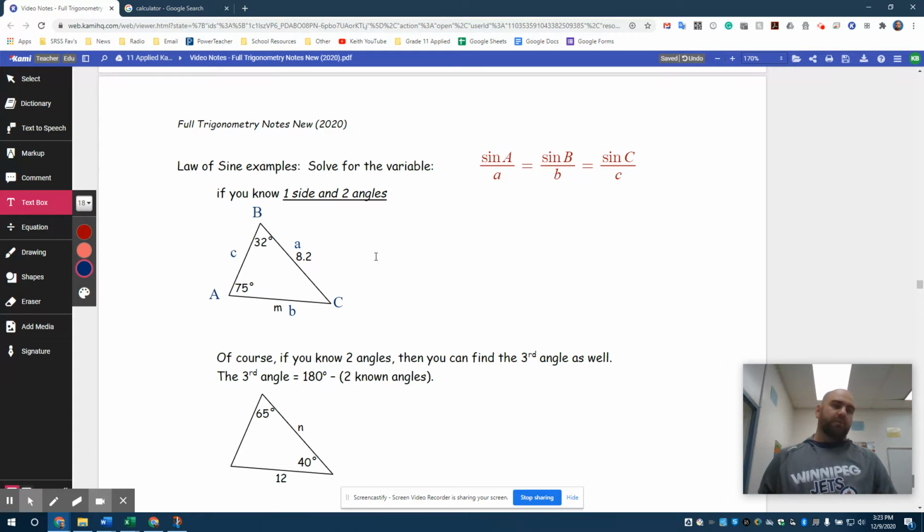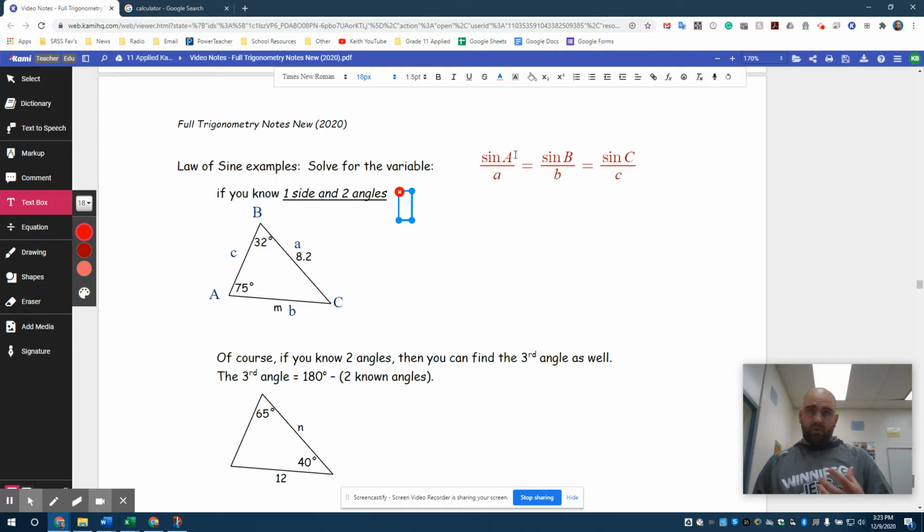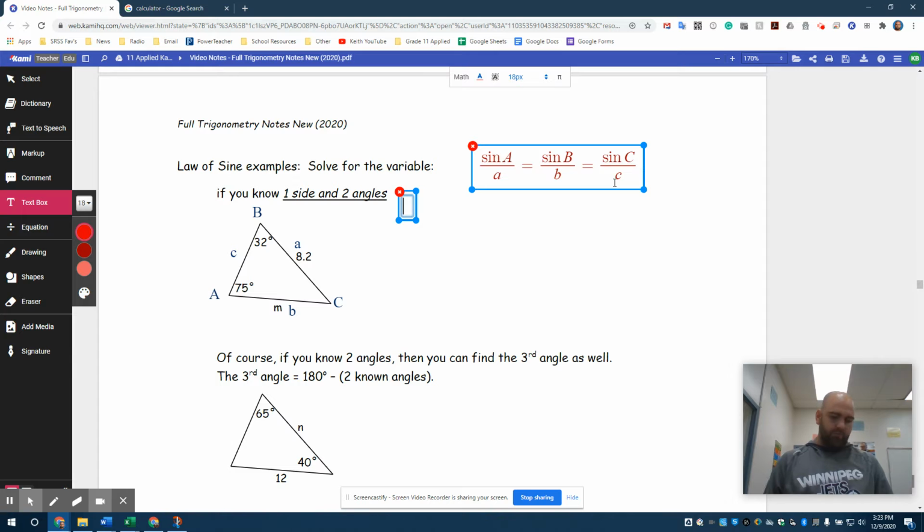The first thing we're going to do now is set up our ratios. We have little a, big A, we have big B, we need to find little b, and we don't have C, so we don't really need it, but I'm going to write it out here. I'm going to write sine law with everything that I know. So I have sine of 75 degrees over 8.2.